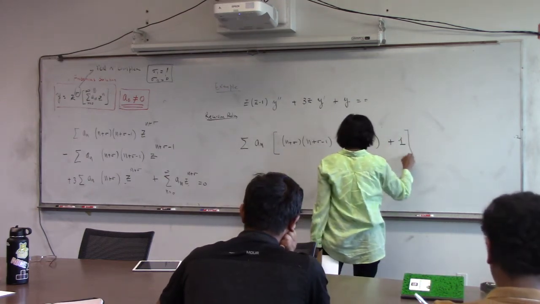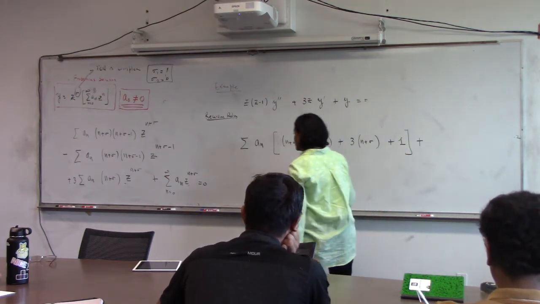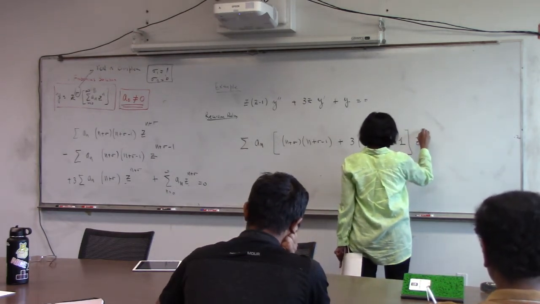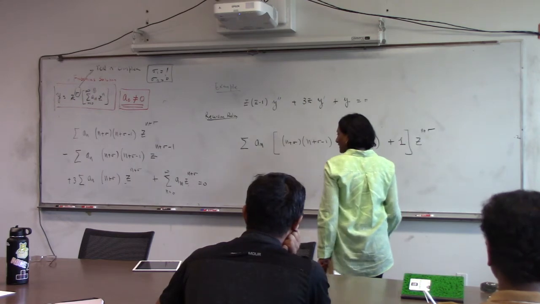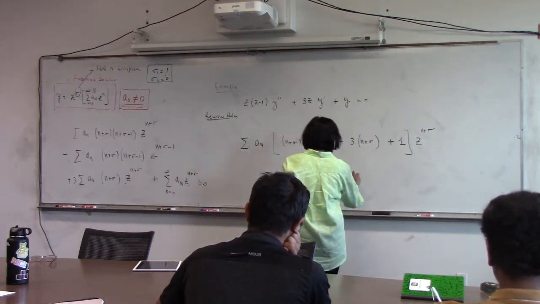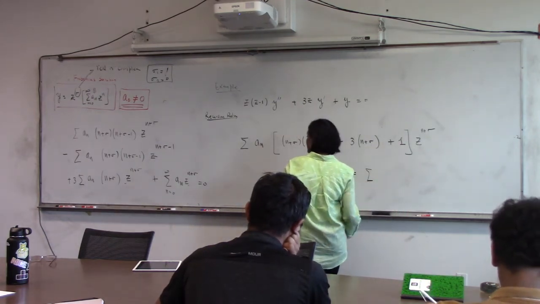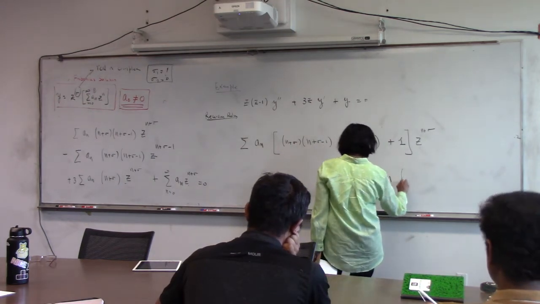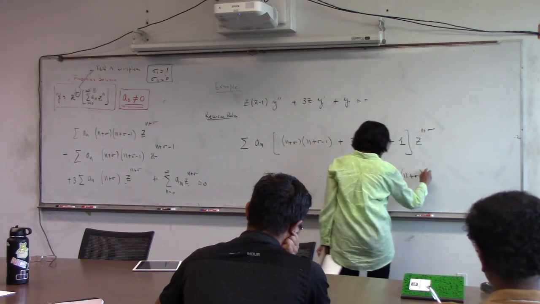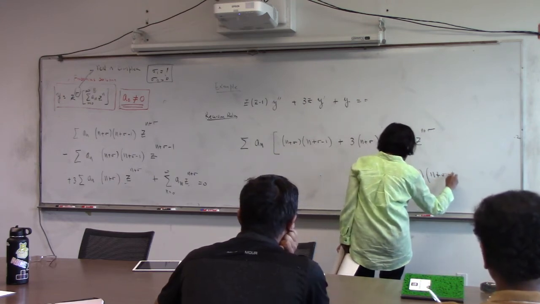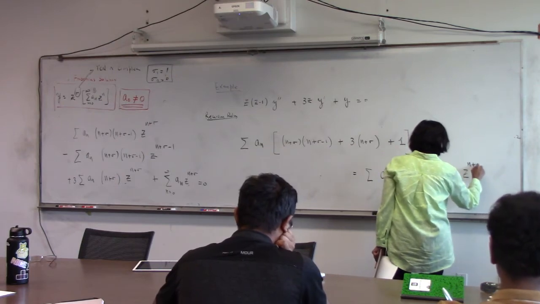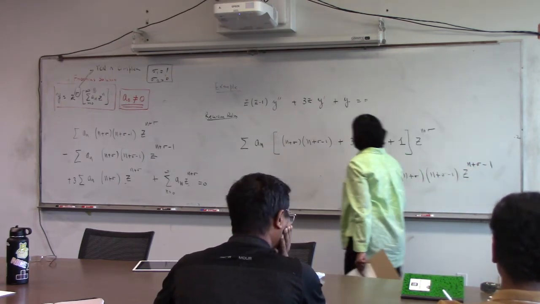Let's check the plus. So this is all z to the power of n plus sigma term. And that is equal to a sub n plus sigma, n plus sigma minus 1, z to the power of n plus sigma minus 1.